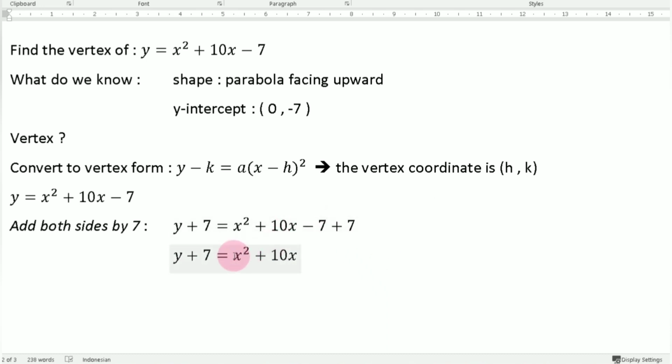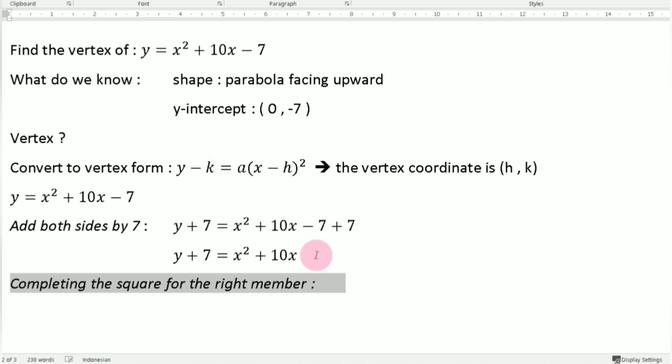But we already have a familiar shape here on the left member. How about the right member? Well, it's still not the same, since it is not the square of an x but the square of something else. It means we need to convert this into this form by completing the square.